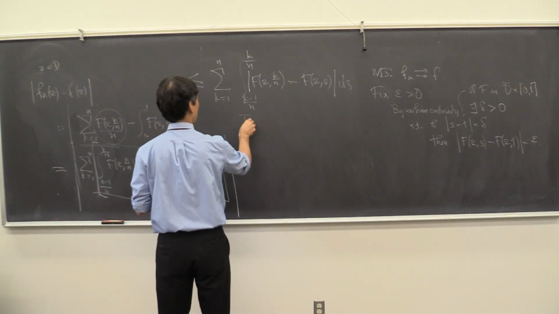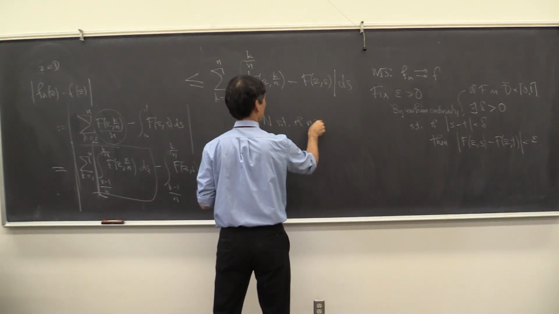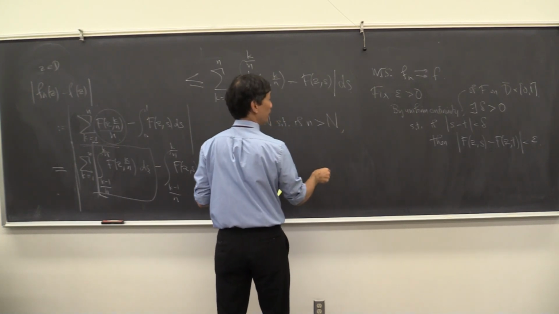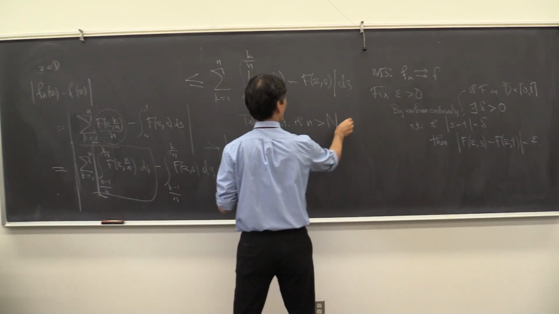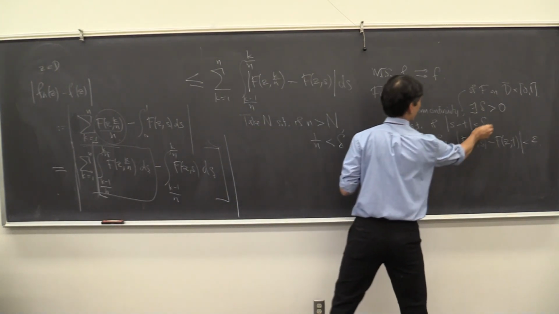Now take capital N such that if little n is bigger than capital N, then 1 over n is less than the delta that we got from uniform continuity.